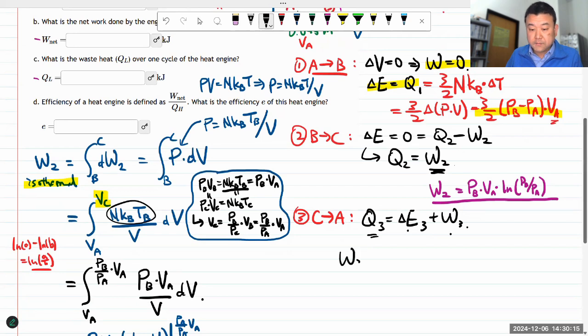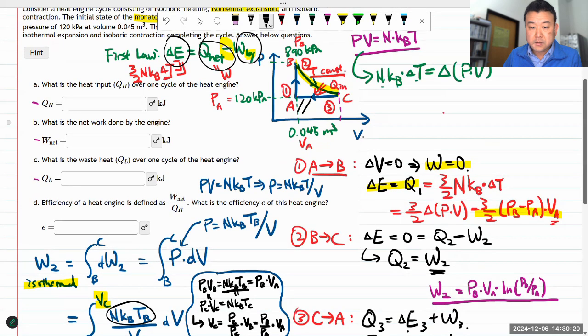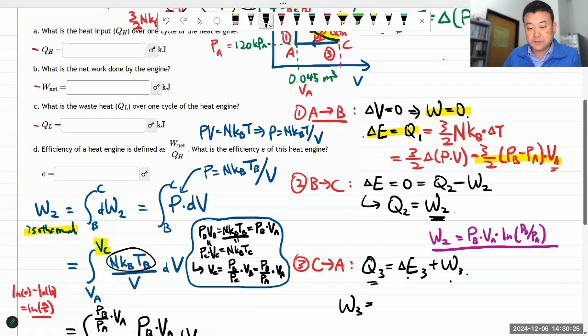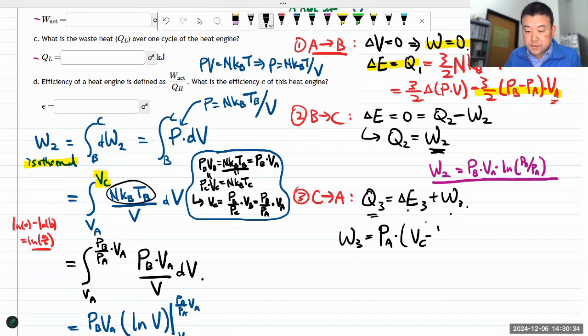Work being done in step number 3 is really the rectangular area under the curve. So it's easy, P times delta V. Let's write that down. It's going to be pressure PA times delta V, VC minus VA. Oh, and I think I worked this out before, right? I worked out VC here, PB over PA times VA. So plugging that in, and doing some algebra. Well, let's not do too much algebra in my head.